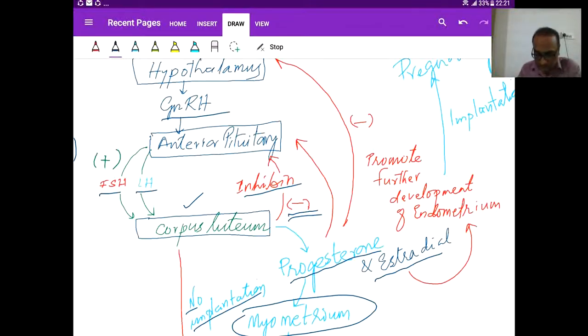Then progesterone also has a negative feedback on the hypothalamus. Even the GnRH release will be brought under control or minimized. Now estradiol, which is also released from the corpus luteum, promotes further development of the endometrium if fertilization has taken place.